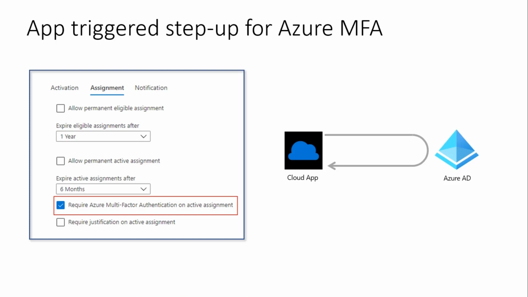We really wanted to follow a common pattern that was already out there in the industry. An application could have some code in it that says, I know to access this piece, there has to be multi-factor authentication. It can check within the token to see if there's a claim that expresses multi-factor authentication occurred.